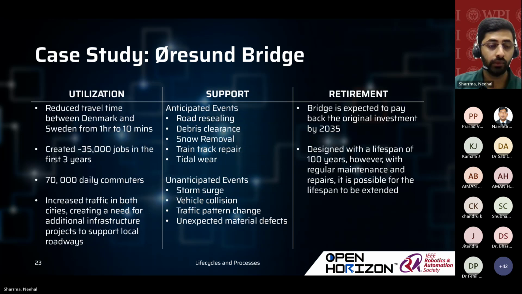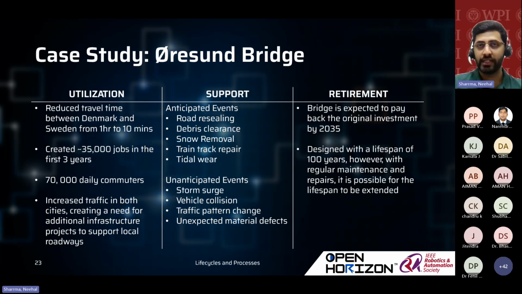The utilization aspect, how the system would impact our environment and our end consumer. Support, like I mentioned, your fire systems, the road resealing for maintenance purposes, debris clearance when it snows over there, so obviously snow removal services, things like that. And having a retirement or break-even point in mind.